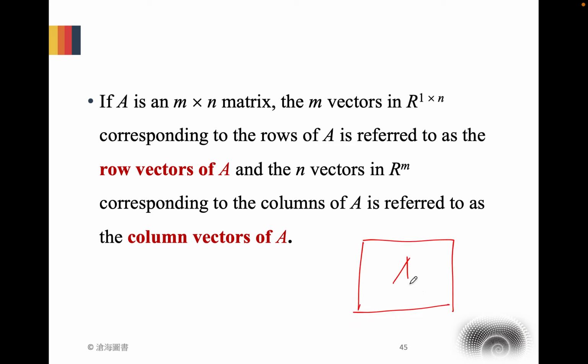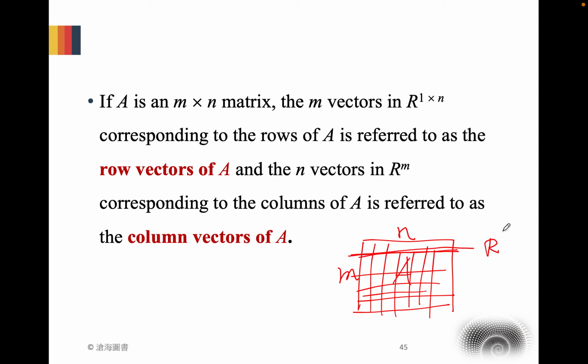So the matrix A is m by n. That means we have m row vectors and n column vectors. Each row vector is in n-dimensional space, and each column vector is in m-dimensional space, right?